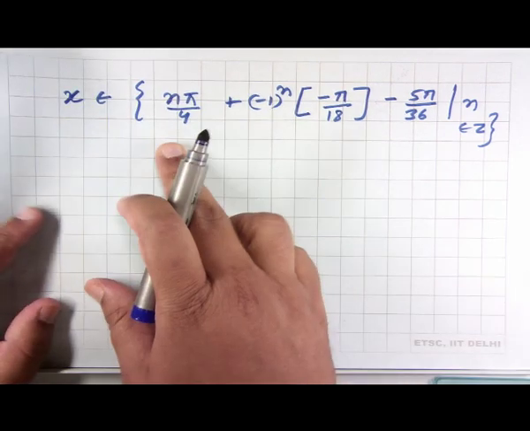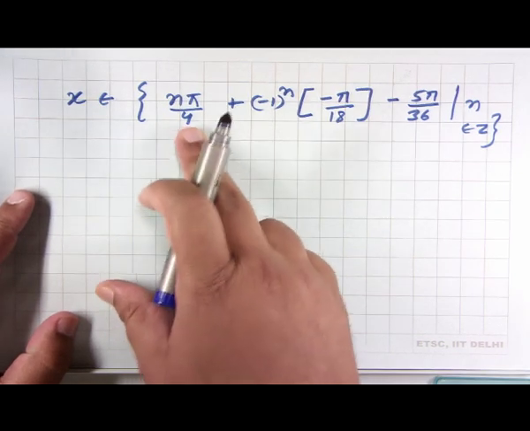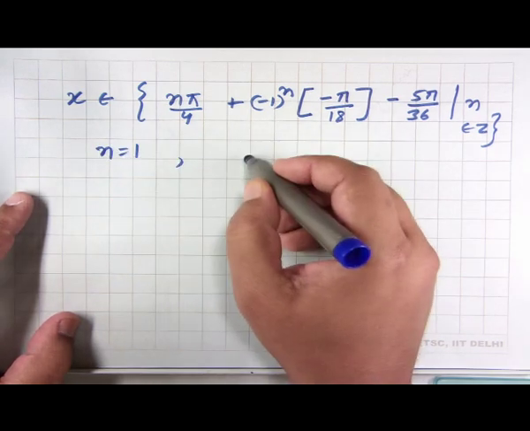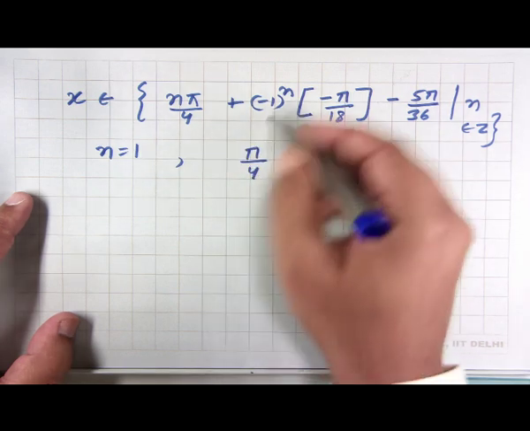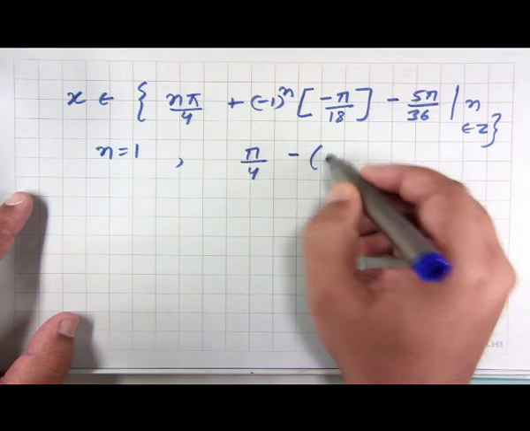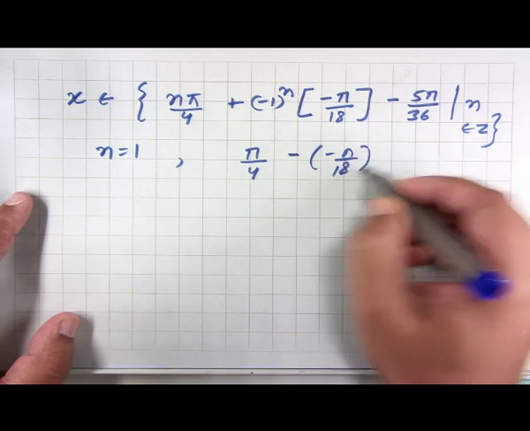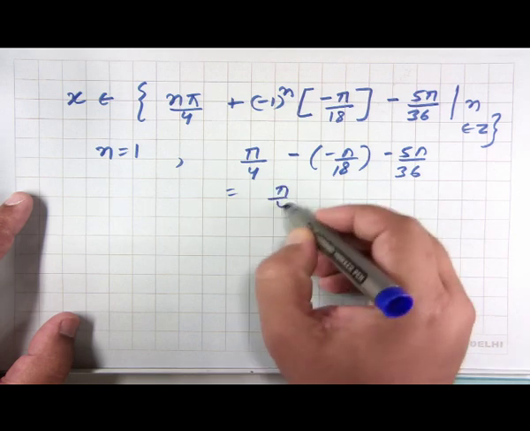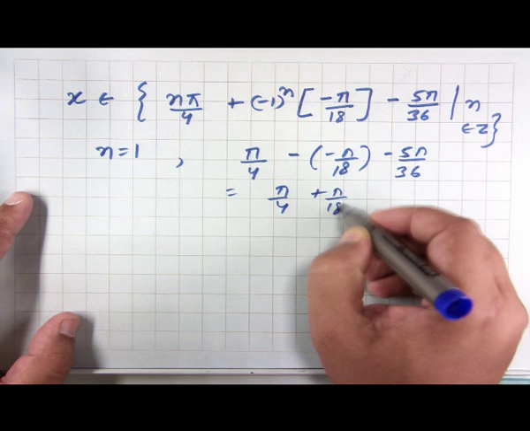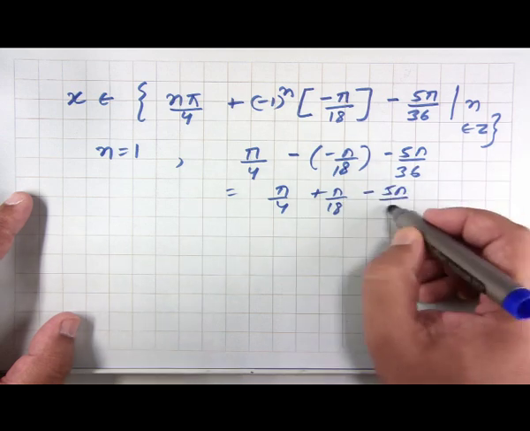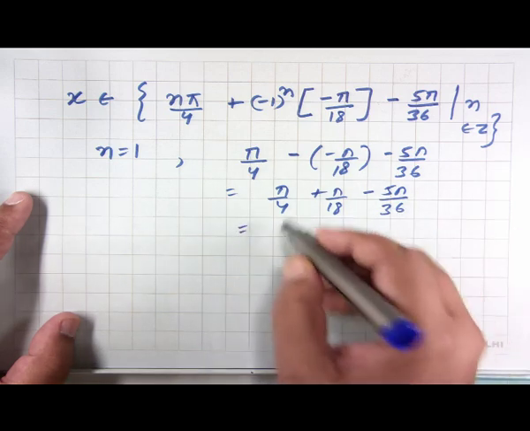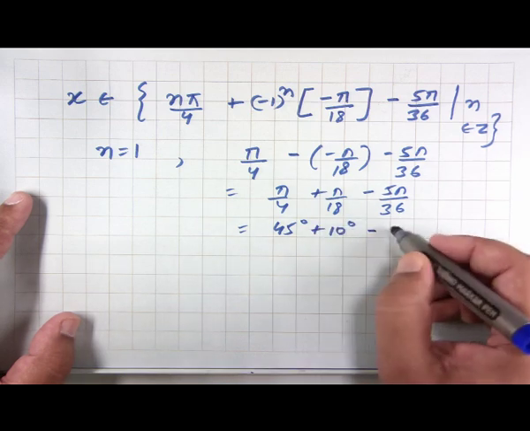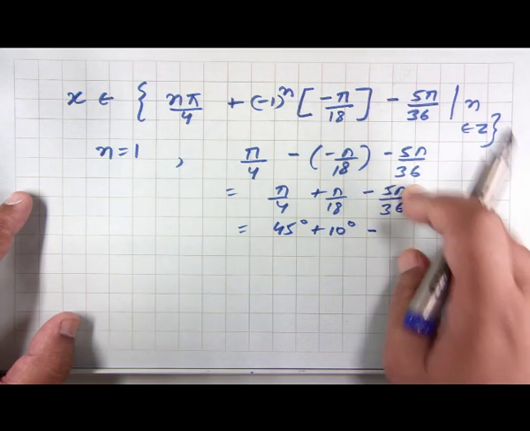And you can in fact find out the first, for example, if you put n equal to 1, then that corresponds to the solution pi by 4 and then minus pi by 18 minus 5 pi by 36, which is pi by 4 plus pi by 18 minus 5 pi by 36, which in degrees is, this is 45 degrees, this is 10 degrees, and this is pi is 180, so this is 25 degrees.